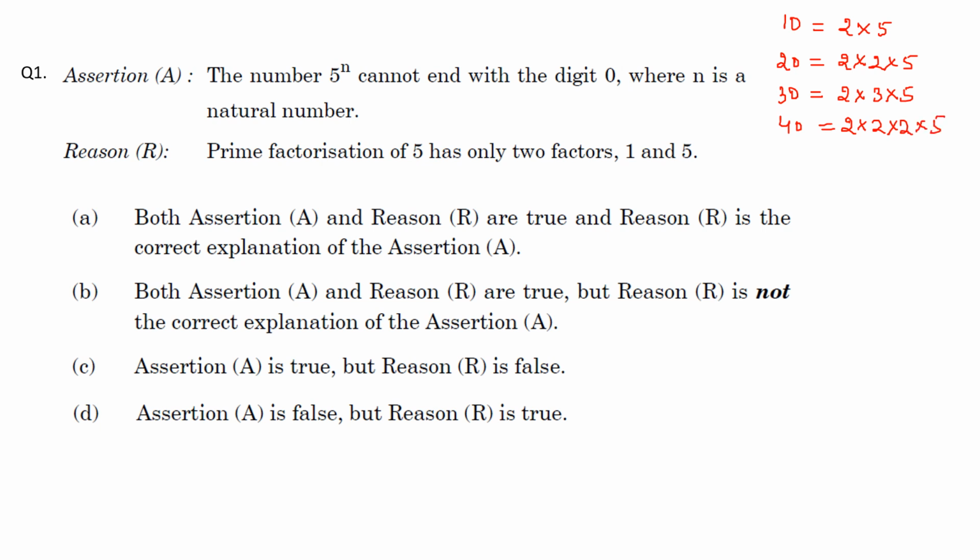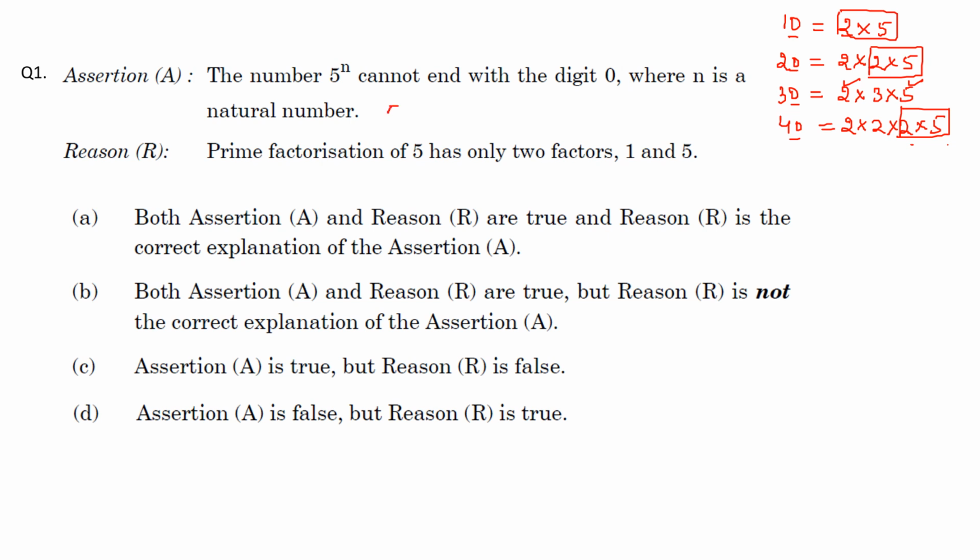Now, if you notice here, in all four numbers having 0 in the unit place, if you see their prime factorization, the factors common in all are 2 into 5, isn't it? Here also you see 2 into 5, and here also it is 2 into 5. It means if a number has to end with 0, it should have 2 and 5 as its factors.